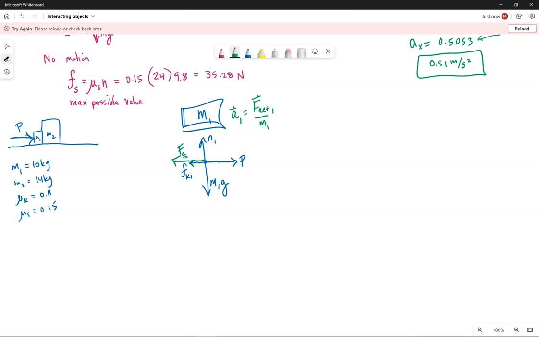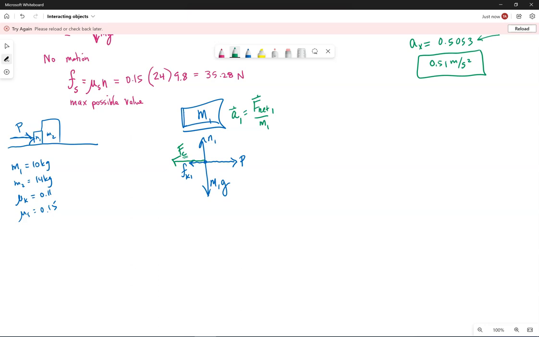And so previously I mentioned we were just assuming it was one big box that had a mass of 24 kilograms. That's totally fine. We can find its acceleration by net force over mass simply because we were treating it as one box. Now we're like, okay, this isn't really one box. M1 is one box, so we're going to look at that by itself.